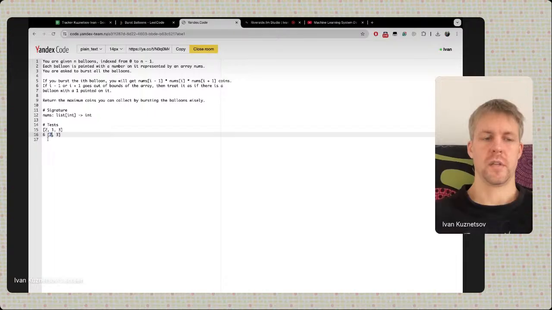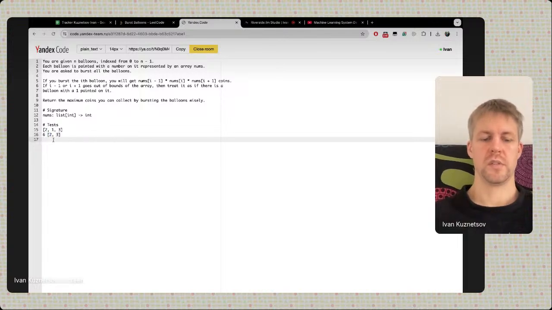I'm thinking here it might be relevant which one to burst first, right? So if we burst 2, we will be multiplying 1 by 2 by 3, so it will be 6 again. So 6 plus 6 is 12, and 3 is left.